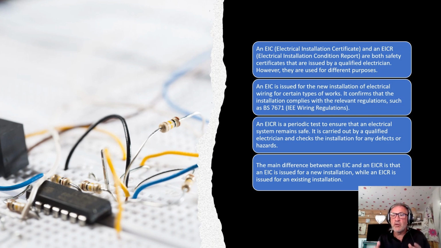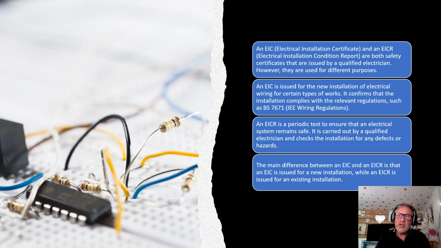The new circuit should conform to the current edition of BS 7671, in this case, 18th edition, Amendment 2. So that's what we're about: working to the current version of BS 7671 and ensuring it's tested to the current version of BS 7671.